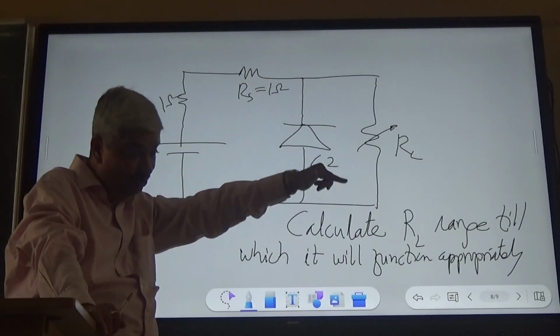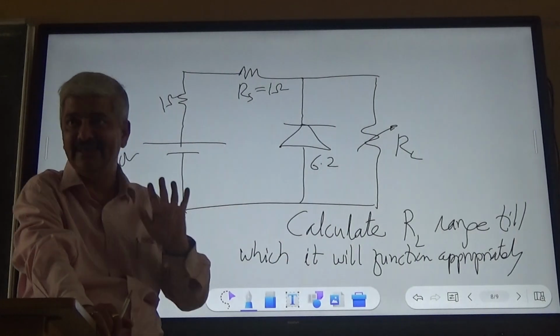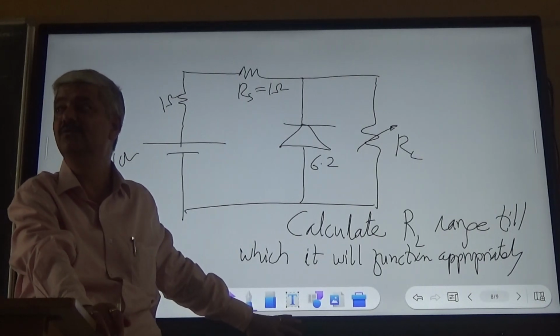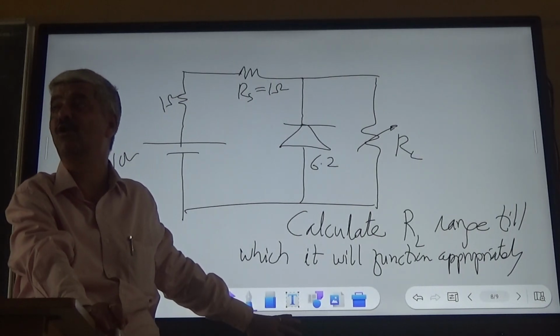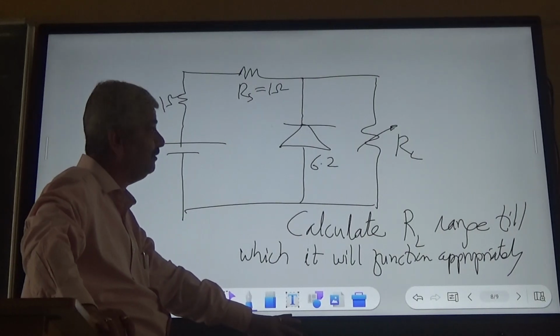What is the minimum RL below which it will fail? How much? 2.5? What? Ohm. How did you calculate?